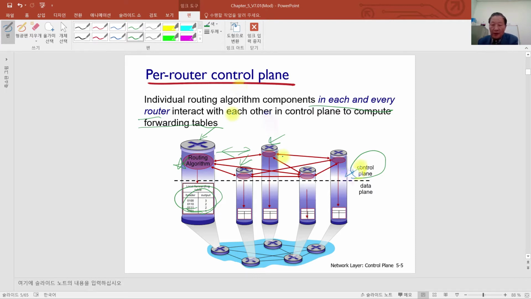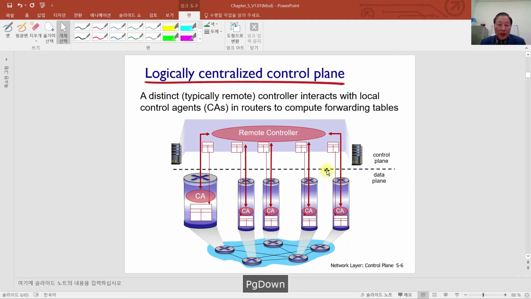Okay, next one. This is the newly introduced logically centralized control plane using the software-defined network concept. A distinct, typically remote controller interacts with a local control agent, called the control agent in the router, to compute forwarding tables.